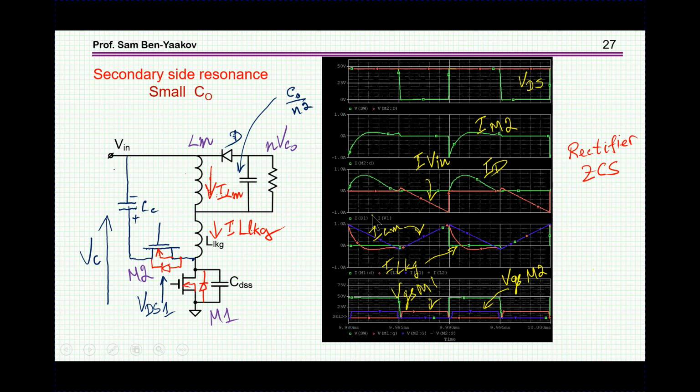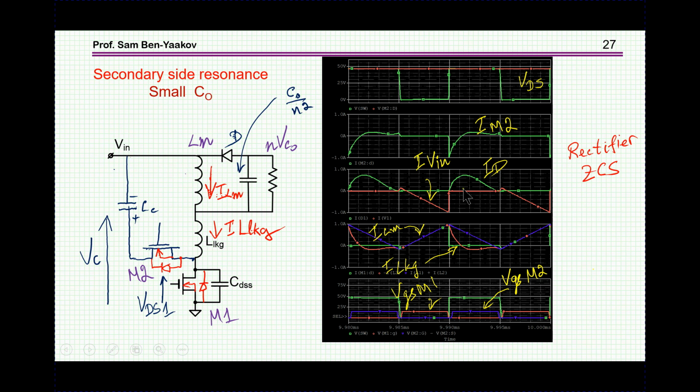You see that we have the curvature of the current going through this resonant capacitor and inductor here. This is like a DC, but as you can see, it's a very mild change here and makes this difference even larger.